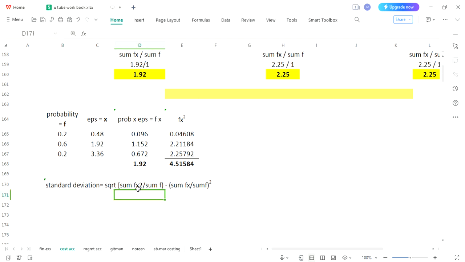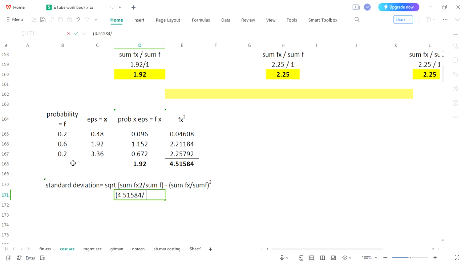Sum of fx square is 4.5184, and it would be divided by sum of f.